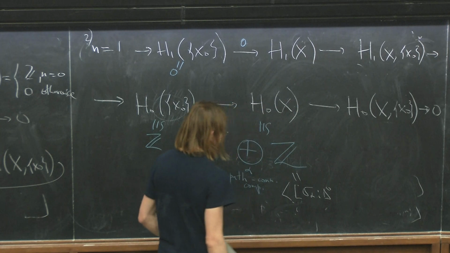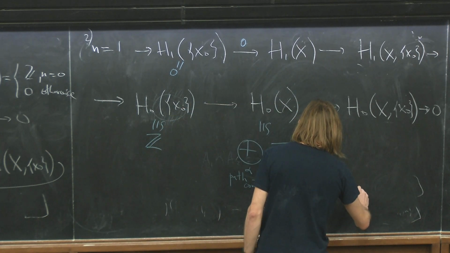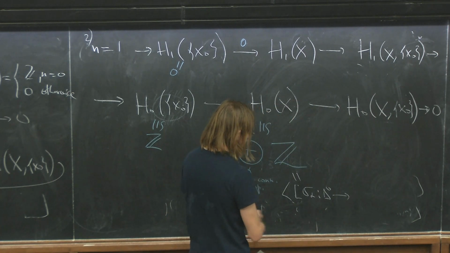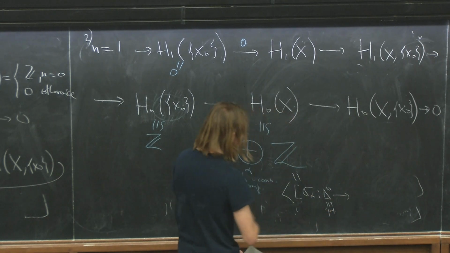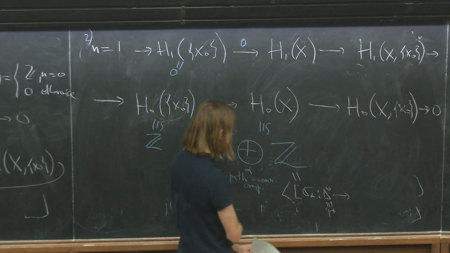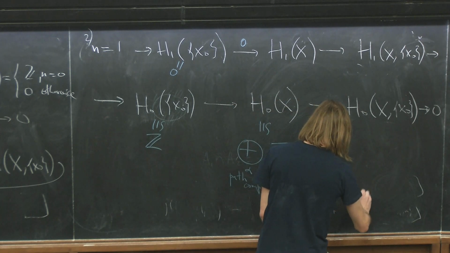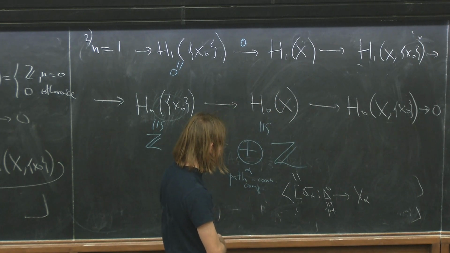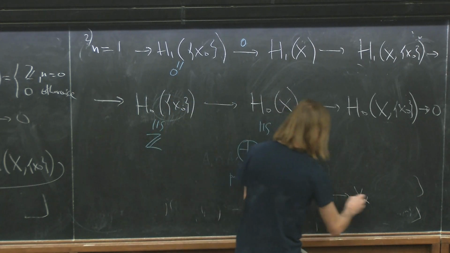Each copy of Z is generated by a singular zero simplex, which is just a point. It's completely determined by its image. So it's generated by any singular zero simplex whose image is inside this fixed path-connected component.